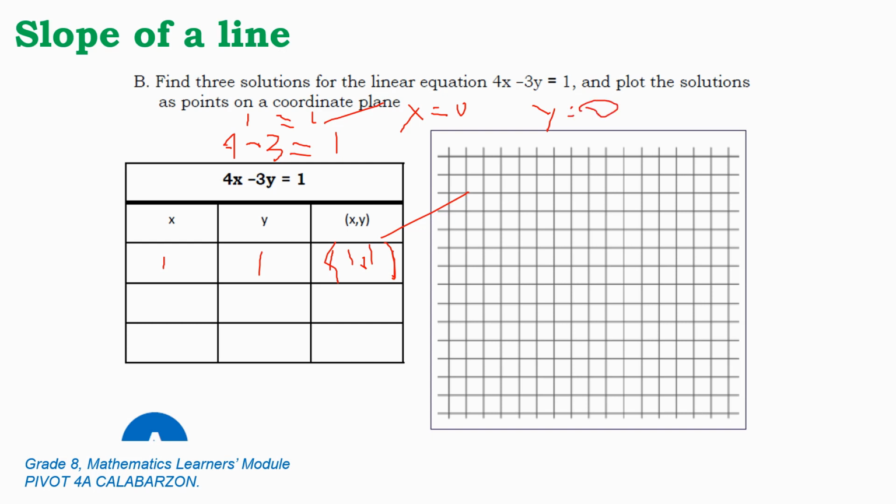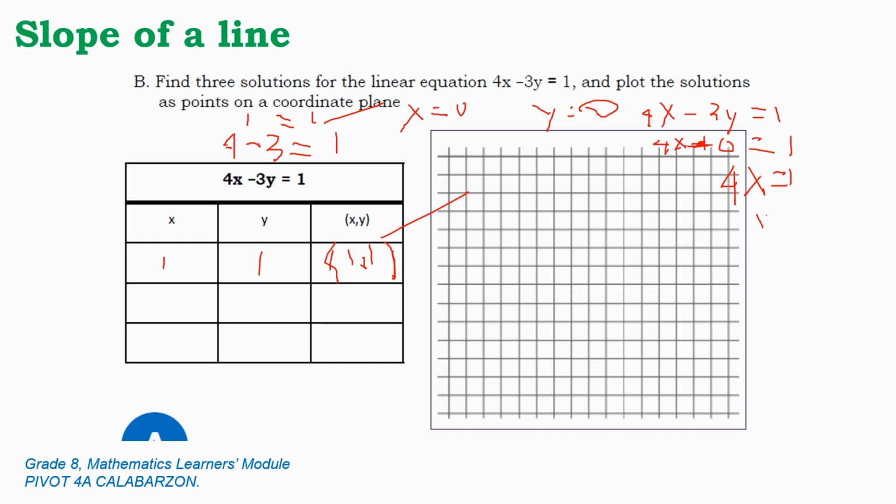Let y be 0, so 4x minus 3y equals 1 becomes 4x equals 1, since 0 is always positive.